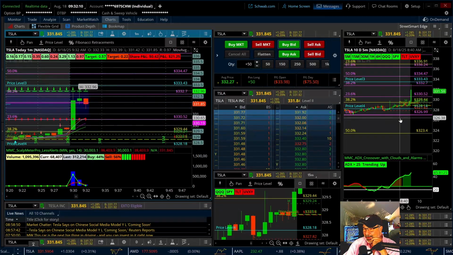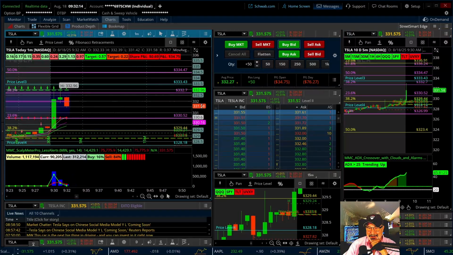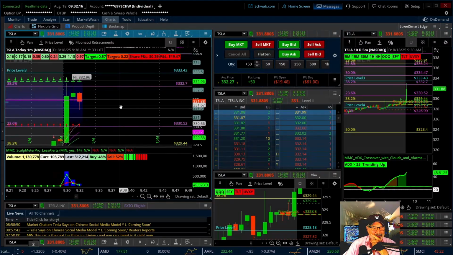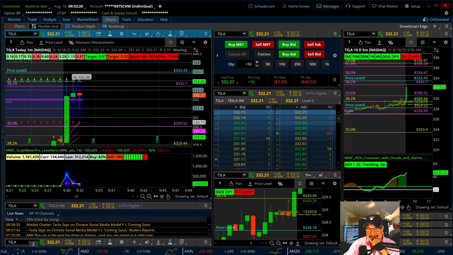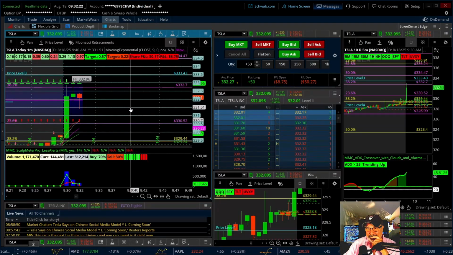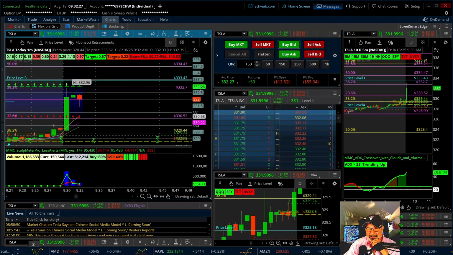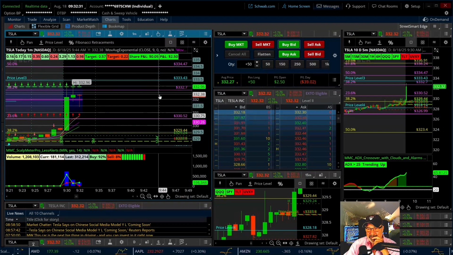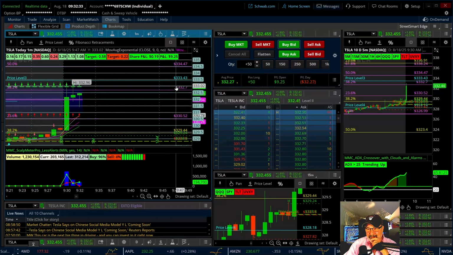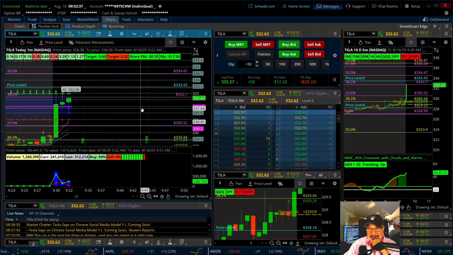This is the problem with trading the open. It's a real crapshoot. I didn't have any data that this was going to continue to go up. Luckily, I'm only doing 50 shares, so it can't hurt me too much, right?